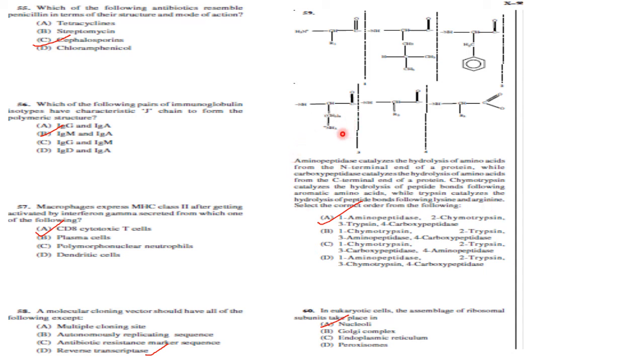So this is the lysine, I think. So it will cleave over here. C-terminal end of lysine residue will be cleaved over here. So 3 will be trypsin. Answer is option A, that is 1 aminopeptidase, 2 chymotrypsin, 3 trypsin and 4 carboxypeptidase. So answer is option A.